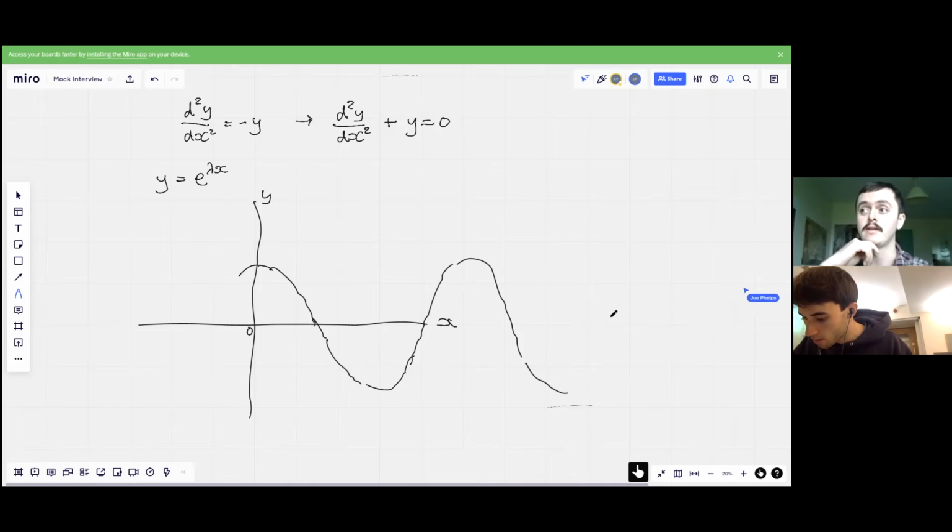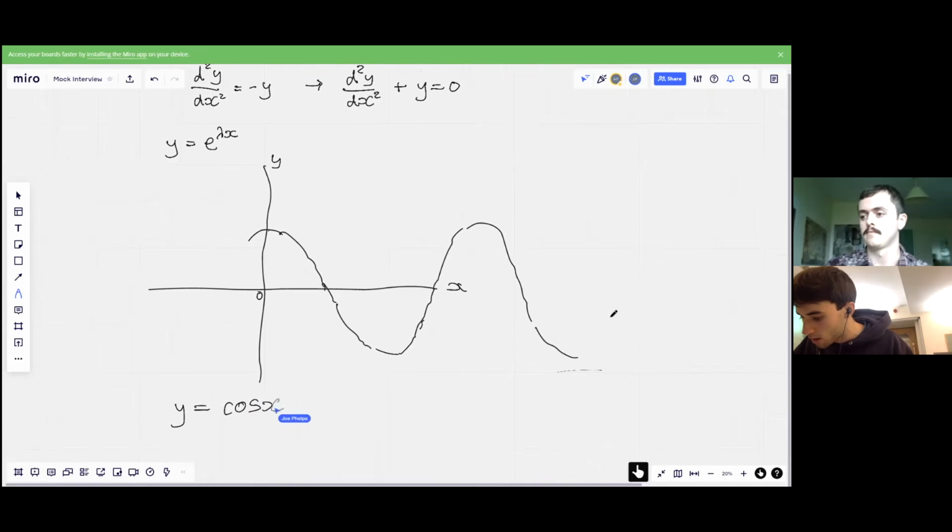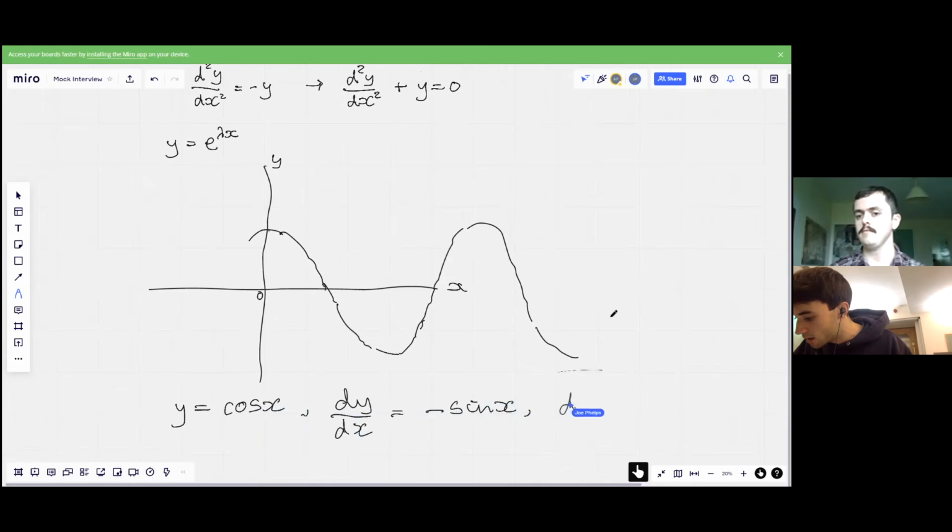So try plugging in y equals cos x. So y equals cos x, so dy by dx is minus sine x, and d squared y by dx squared is minus cos x, which is, as we said, just minus y.